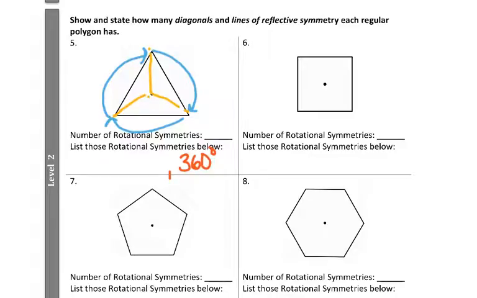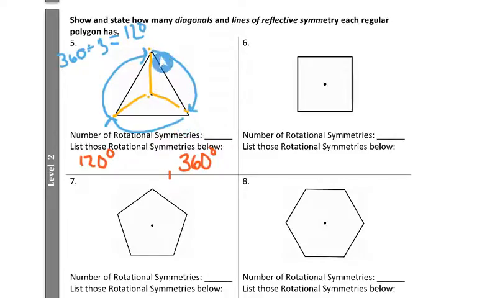So if I take 360, sorry, I was thinking about days in the year, and if I divide that by 3, that tells me 120 degrees. That's telling me that this first turn here was 120 degrees, and if I turn it 120 degrees, I'm going to get this dot to land on that dot.